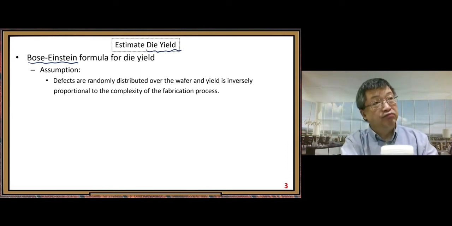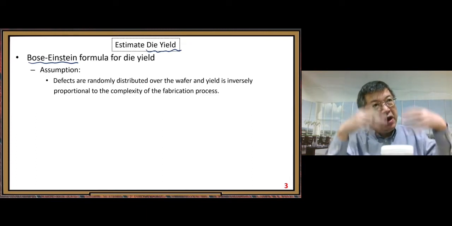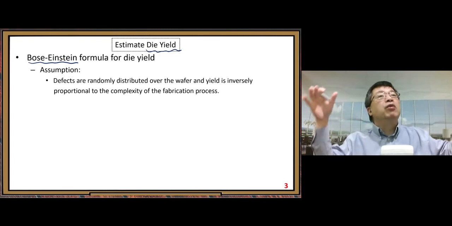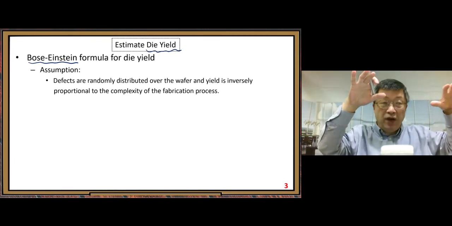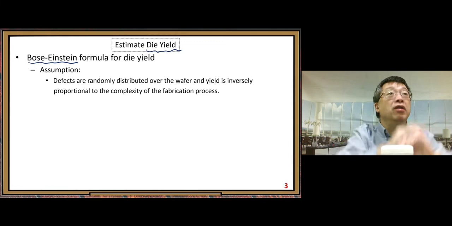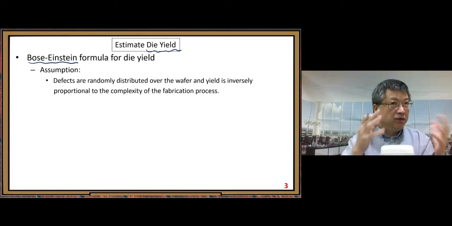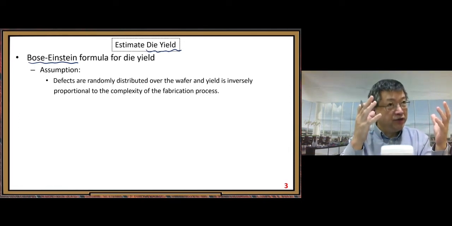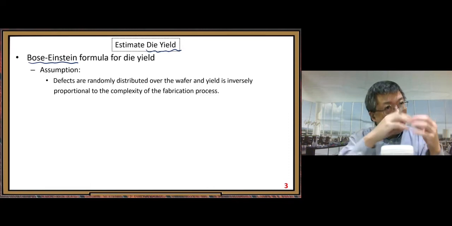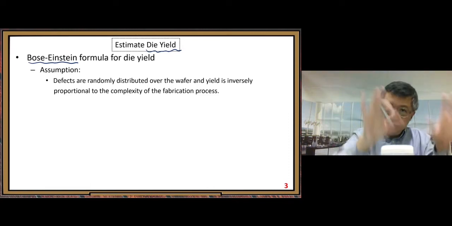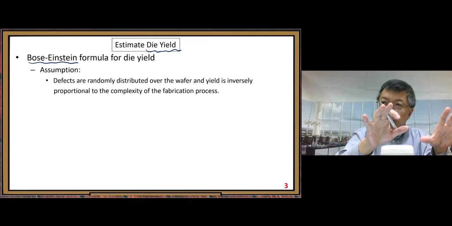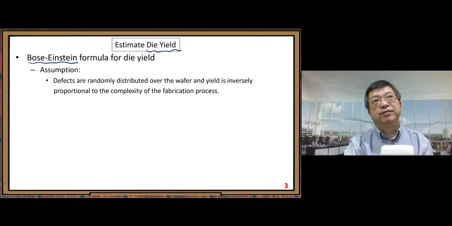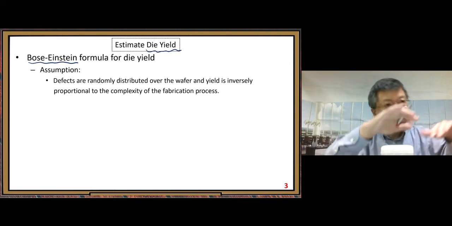If the process is very complicated, the yield will be smaller. Too complex, there is a coefficient, a number. If that number is big, then you get a smaller yield. That's pretty reasonable, right? Too complicated, so then yield will be low.